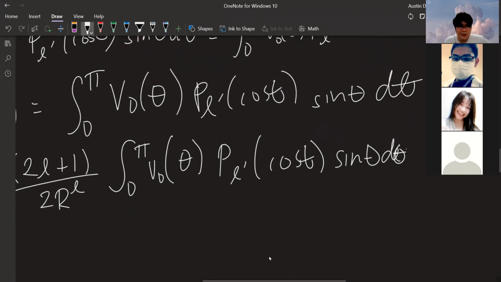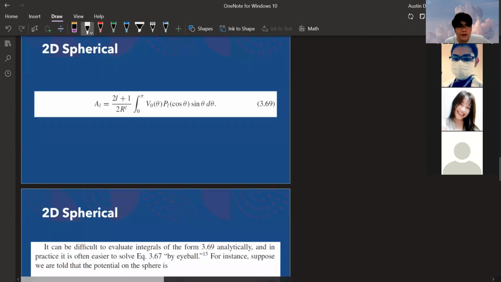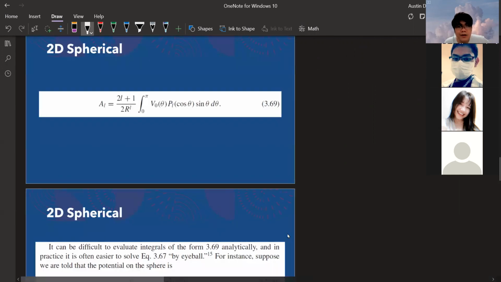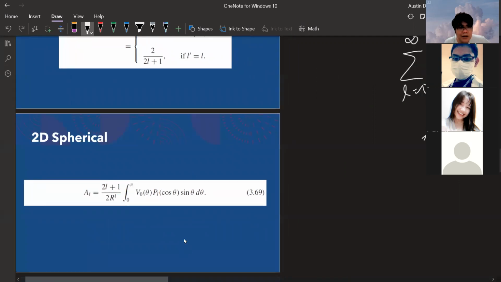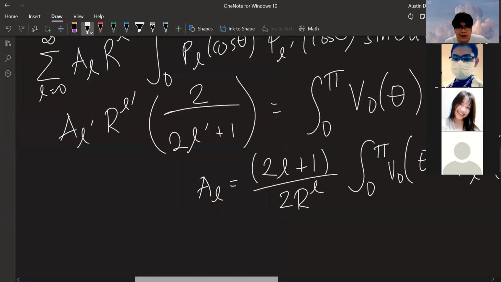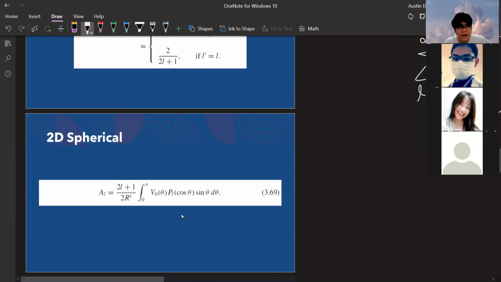And then sine theta. V naught theta is given. Then you have this. Is it the same? Okay, so tama ba yung nakuha ko? 2L plus 1 over 2R to the L. Okay, so that's it. Ito yung nakuha natin. Tama naman.